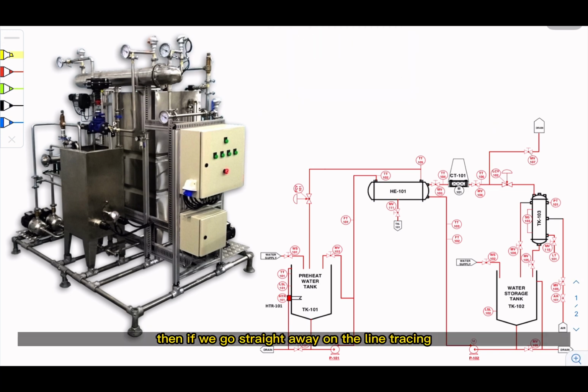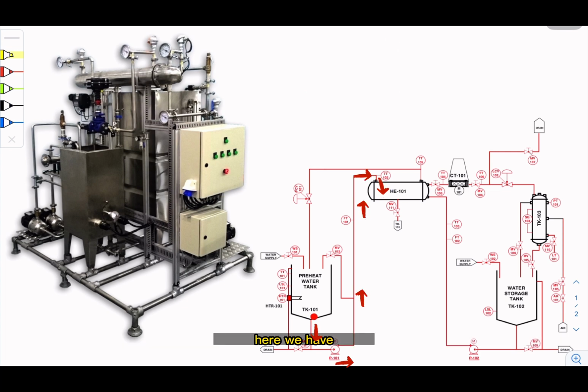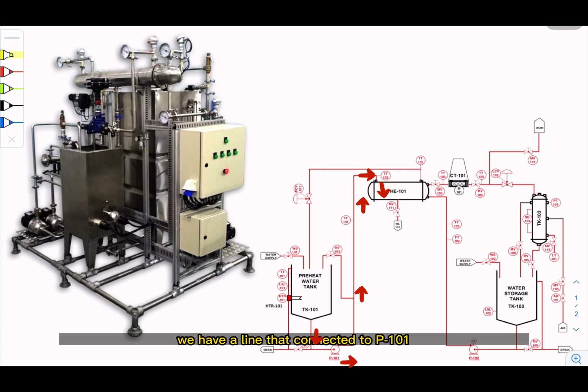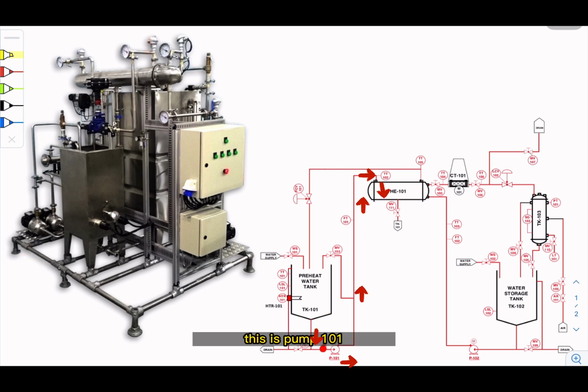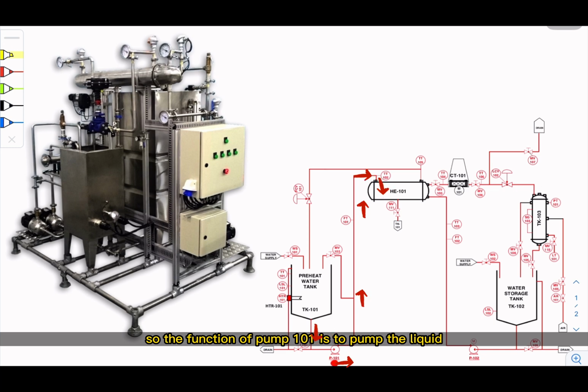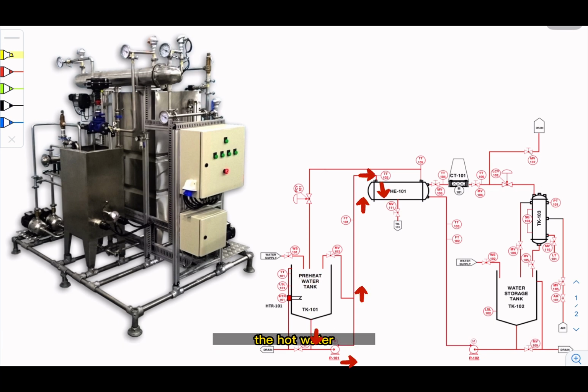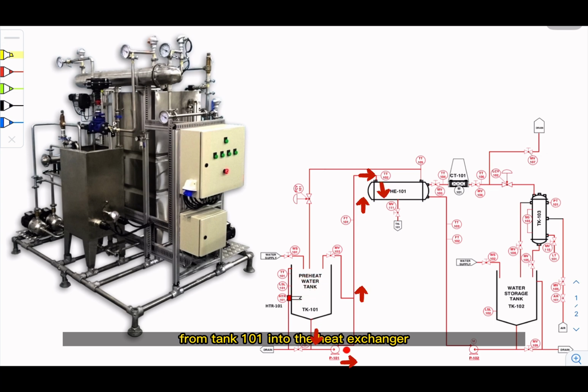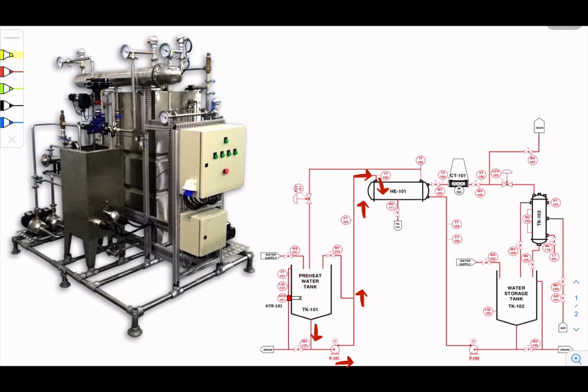Then if we go straight along the line tracing from TK101, we have a line connected to P101. This is pump 101. The function of pump 101 is to pump the hot water from tank 101 into the heat exchanger.